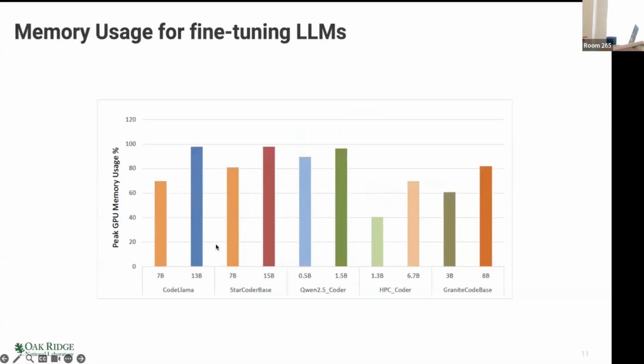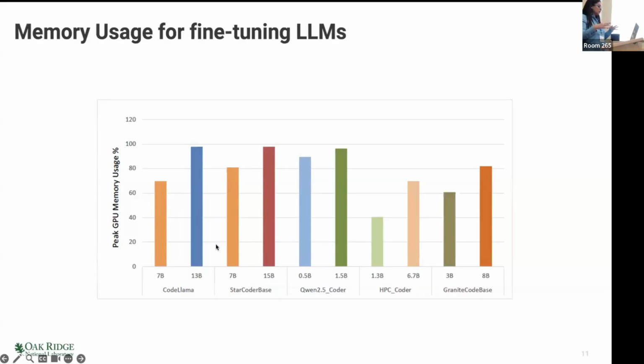So memory usage. This is the peak GPU memory usage across all the models. The general expectation is bigger model, more memory, which was not always true. So we see that the trend is that way, but a 15 billion parameter model consumes nearly 96 GB, if I remember correctly, on a single GPU.